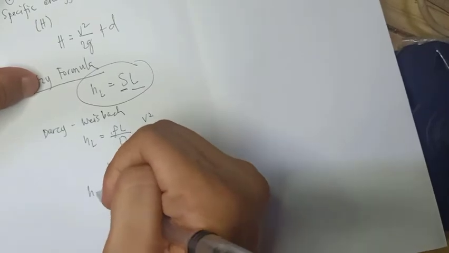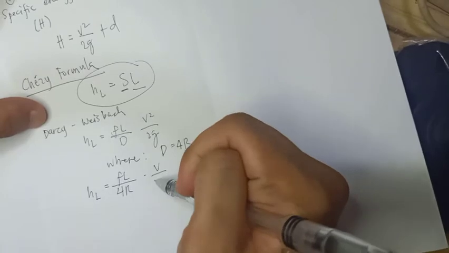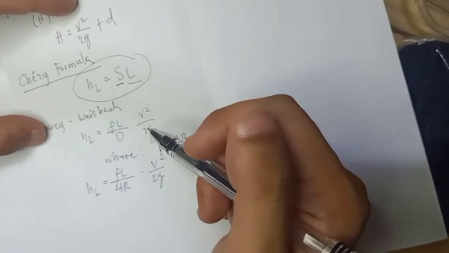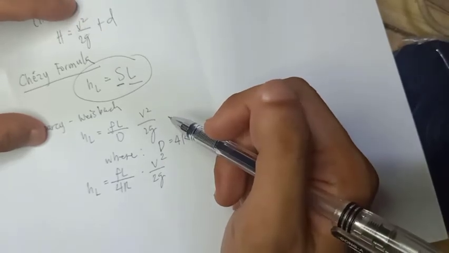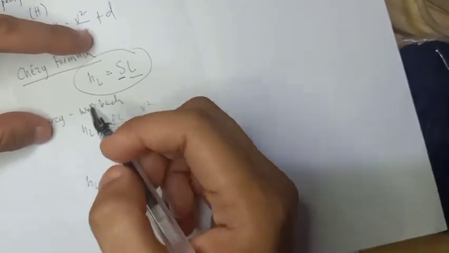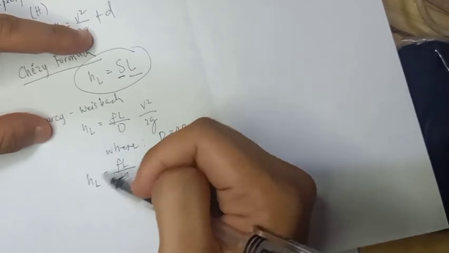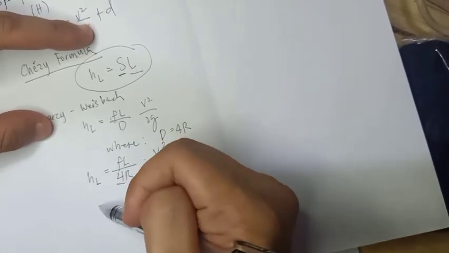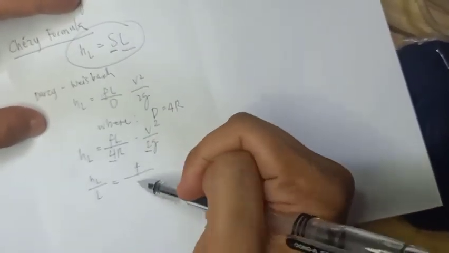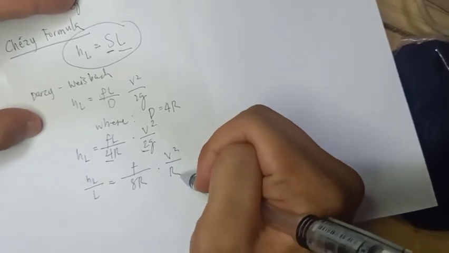Therefore, the formula would be H sub L equals FL over 4R times V squared over 2G. We can multiply 4 and 2 to get 8, and then L is cross multiplied. It would be H sub L over L equals F over 8R times V squared.